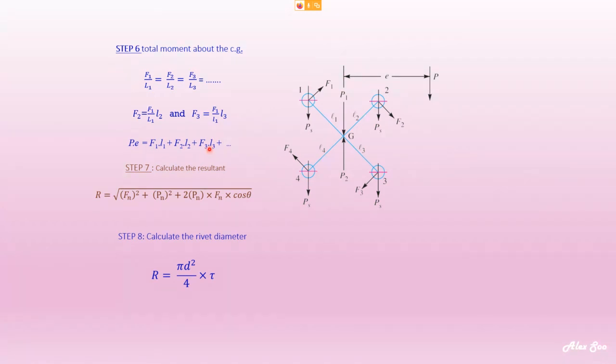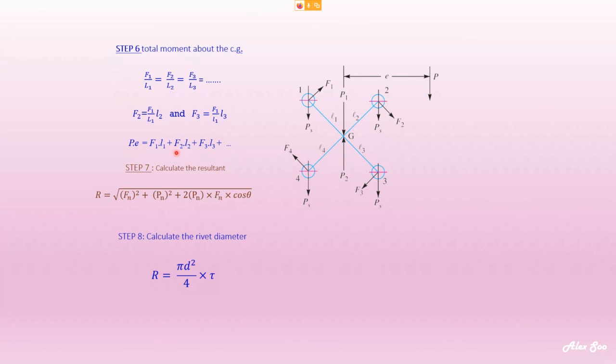So once you've got this equation, what you need to do is substitute F2 here, substitute F3 here, which is equal to this, and F4 as well. Okay, so you'll get the whole equation in terms of F1.